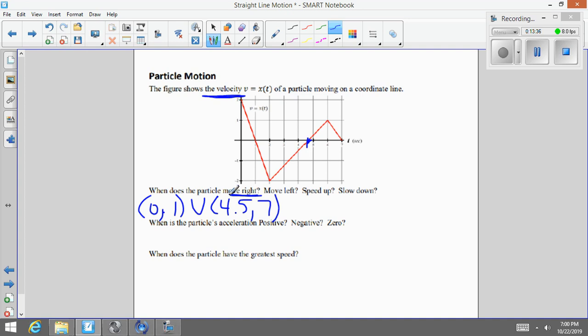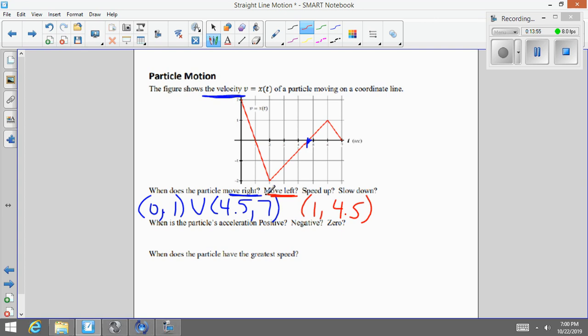Okay, and then when is it moving left? It's moving left from 1 to 4.5 because velocity is negative on that interval. Okay, let's come back to the speeding up, slowing down.